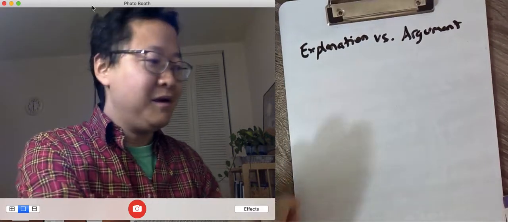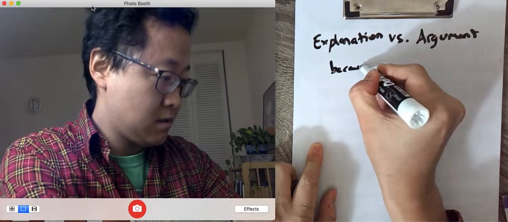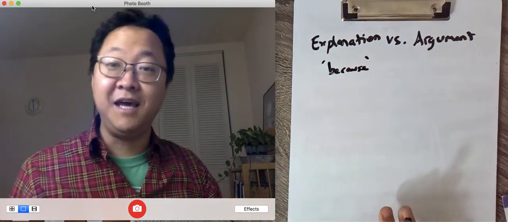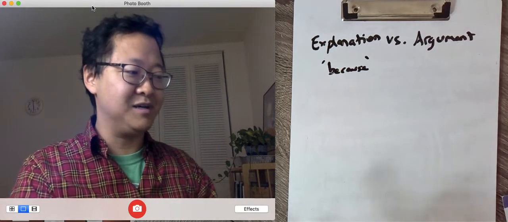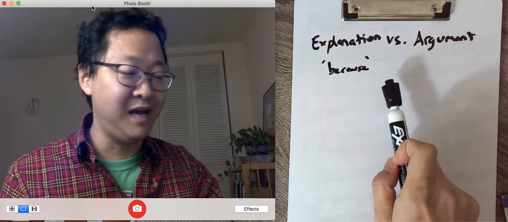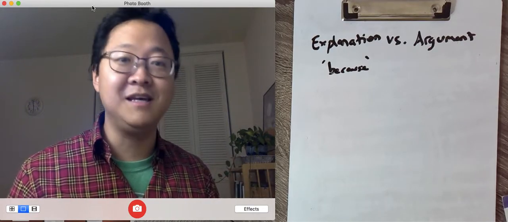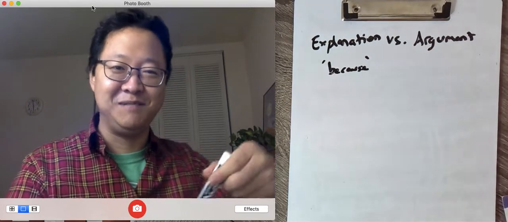So earlier we talked about how the word because is often an indicator, right? It could be both a conclusion indicator because of what comes before the because, and a premise indicator because of what comes after. But sometimes a because is not an indicator of an argument. It's actually just an explanation.